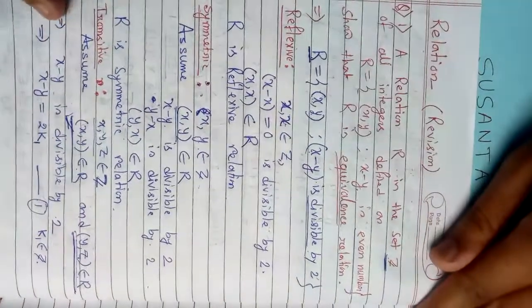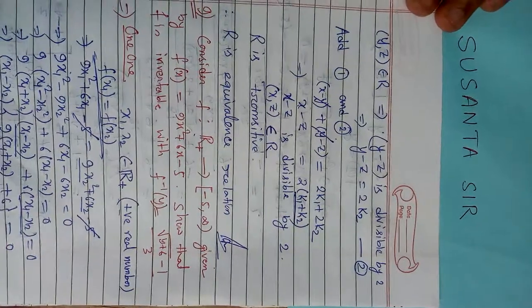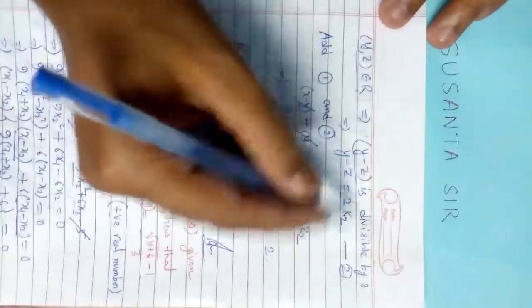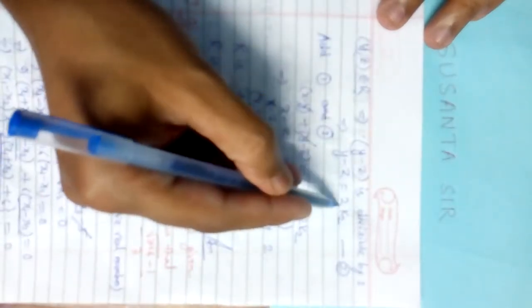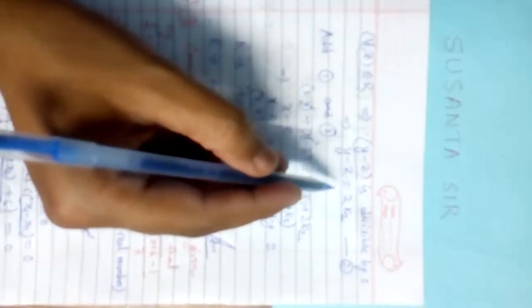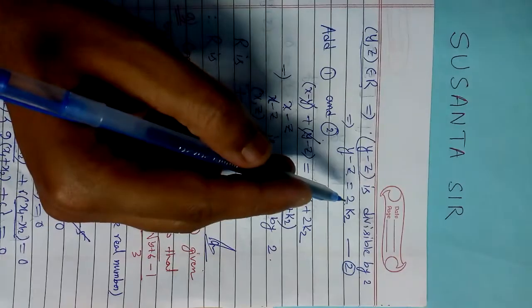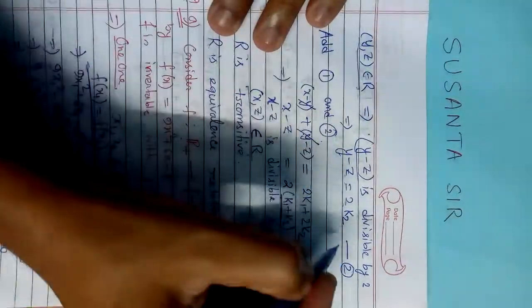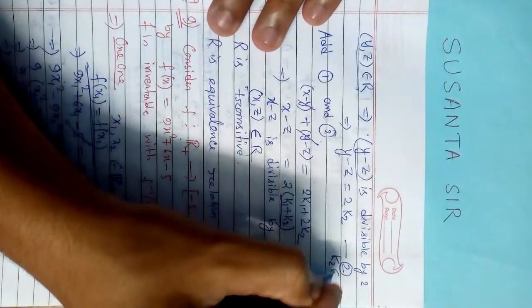Now come to the second part. (y, z) belongs to R, that means y minus z is divisible by 2, so similarly y minus z is equal to 2k2, where k2 is also an integer.